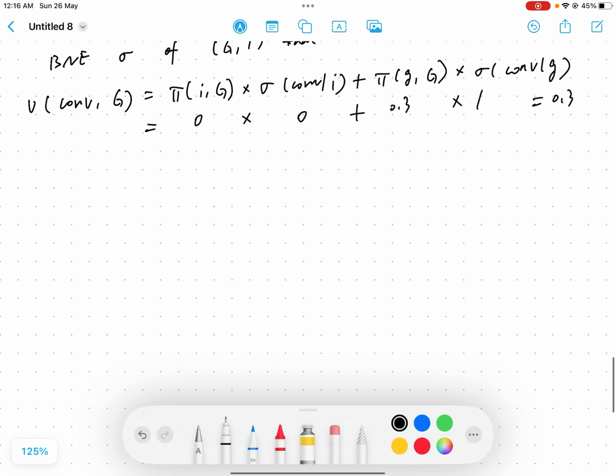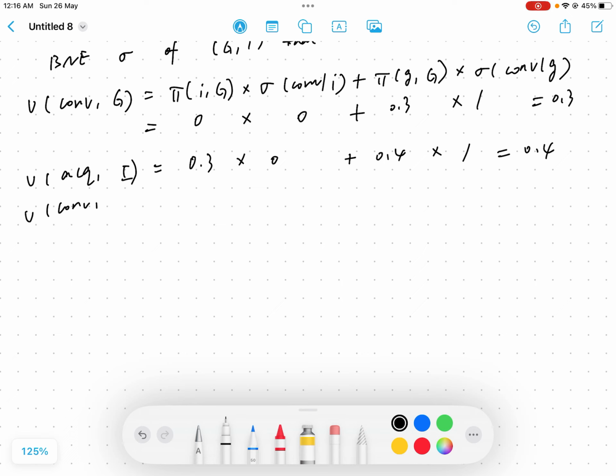Similarly, we can of course calculate the other combinations: acquit and big G first. This is 0.3 times 0 plus 0.4 times 1, and it's 0.4. Accordingly, convict given I is 0.3 times 1 plus 0.4 times 0, which is 0.3.